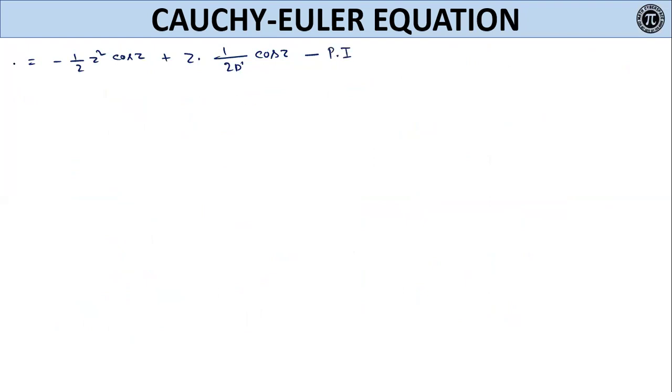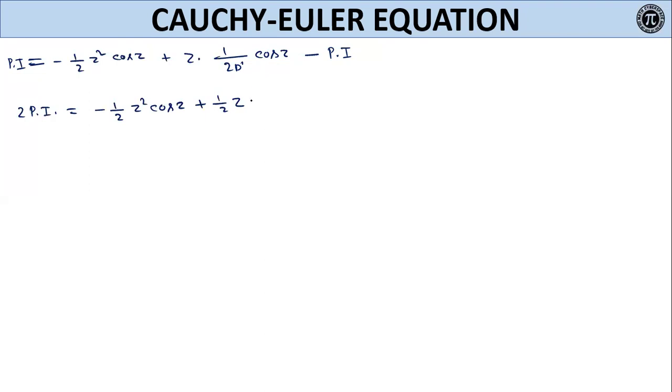And left hand side, we have pi equals to this. So if I take this pi to the left hand side, you are getting 2 pi. This is equals to minus half z square cos of z plus half z into 1 by D' cos z.